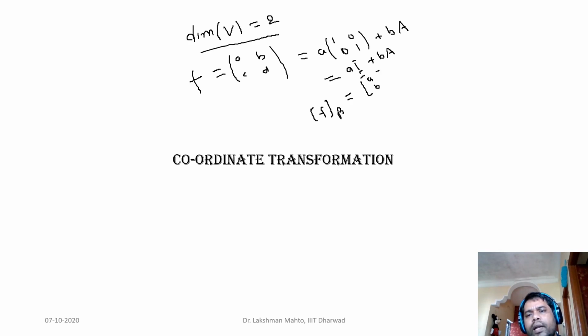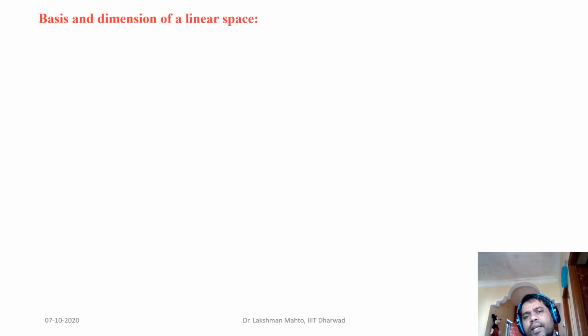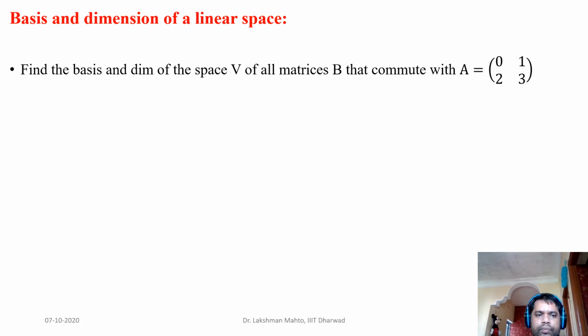So V has a one-to-one correspondence with R2. Although V contains 2 by 2 matrices, V is spanned by only two matrices, so there is a one-to-one correspondence with R2. Now I will talk about coordinate transformation and, in general, linear transformation.